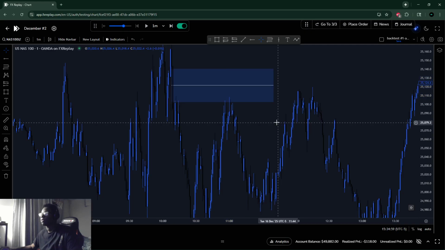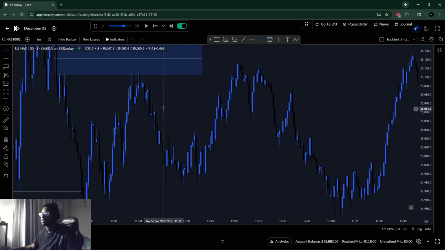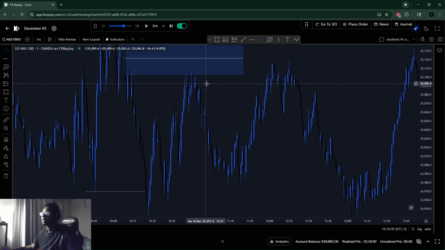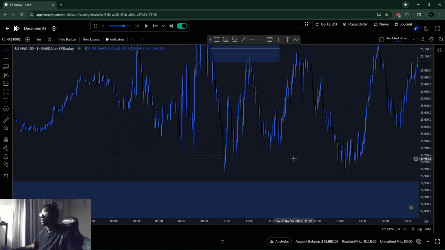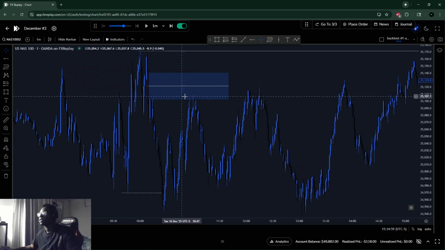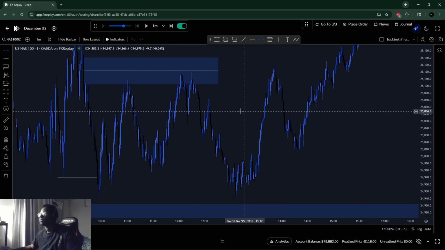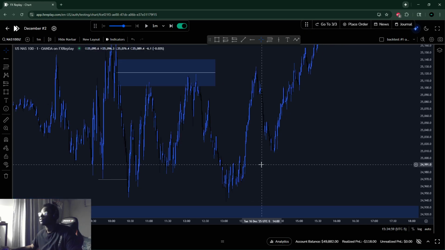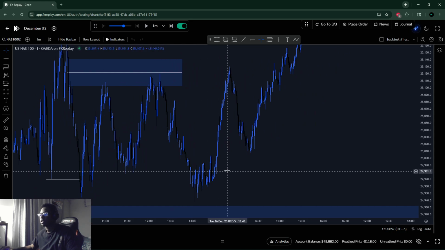Like you see how it was inside this gap and it double tapped it, not really double tap, but made an equal high, and then you just had a short right after, and then right after that short it consolidated inside that gap that it made and went back the other way, took out both highs, also tapped into the gap fully, didn't hit CE, and it went down, swept those lows, and after sweeping those lows consolidated, but probably because there's some type of BPR in here or something.